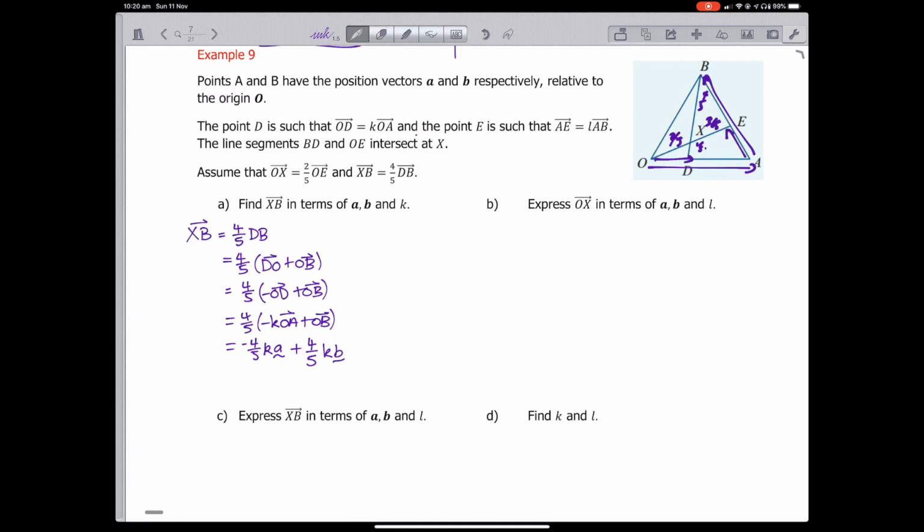All right, so negative 4/5 K A plus 4/5 B, that is what XB is.